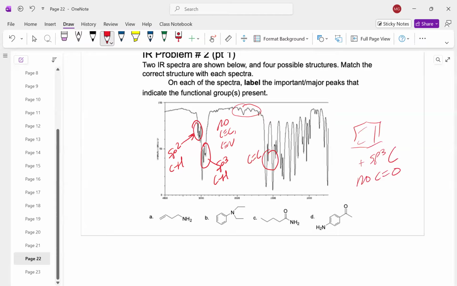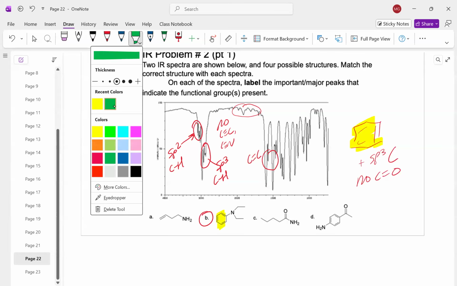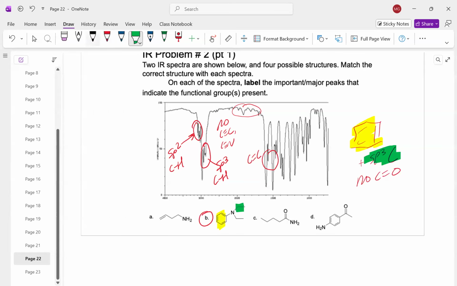Well, the only one that really fits that is B, because we have benzene, we have sp3 carbons, and there's no carbonyls in this.